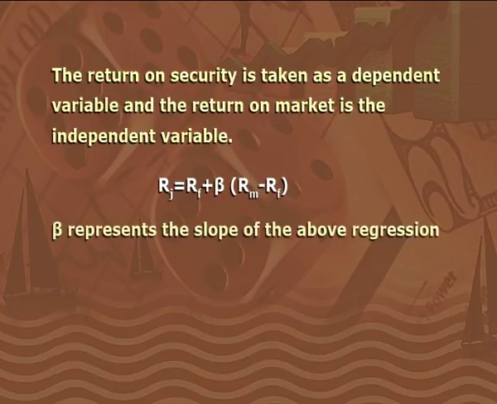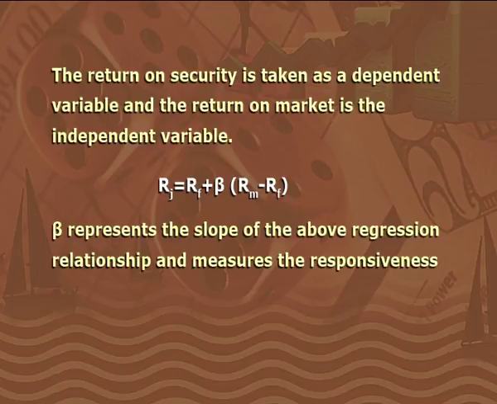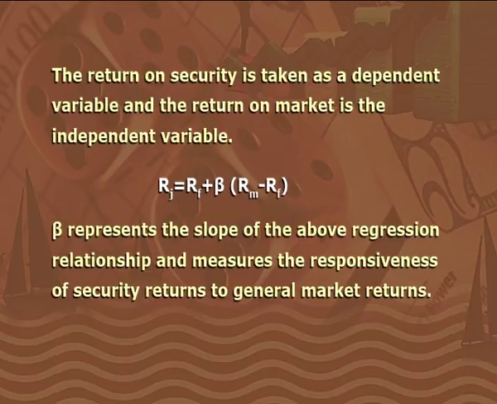Beta represents the slope of the above regression relationship and measures the responsiveness of security returns to general market returns. Beta of a portfolio is the total of the weighted average beta factors of each security in the portfolio. If there is a rise or fall in the return of market portfolio, there should be a corresponding rise or fall in individual returns from a security.